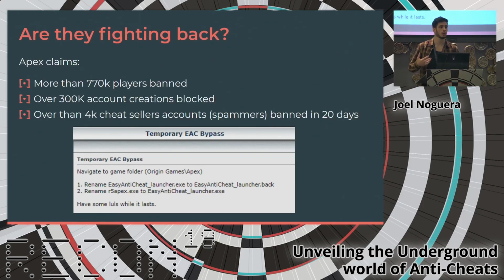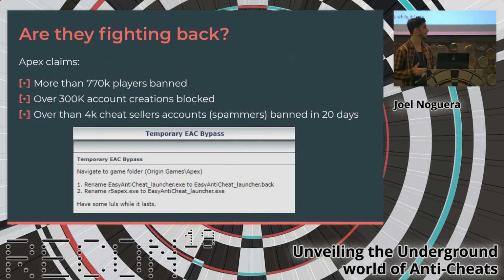I thought about all that market and I started thinking about what game developers and anti-cheat developers are doing in order to prevent all this stuff. So I took a look at the Apex numbers and I saw that they have claimed to ban that amount of people in the last month. This was 2 months ago, so now maybe the numbers are even higher.